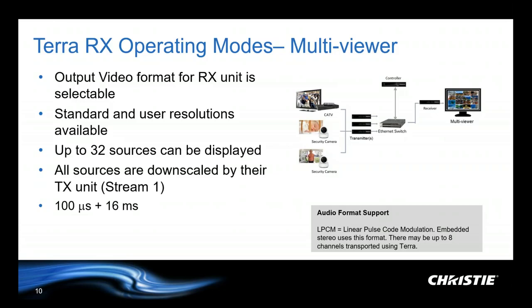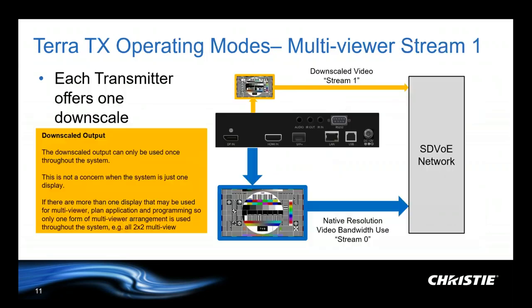But the source that it uses doesn't come from the native resolution of the source that goes into the transmitter. It's something that we call stream 1, and I'm going to go into this now.